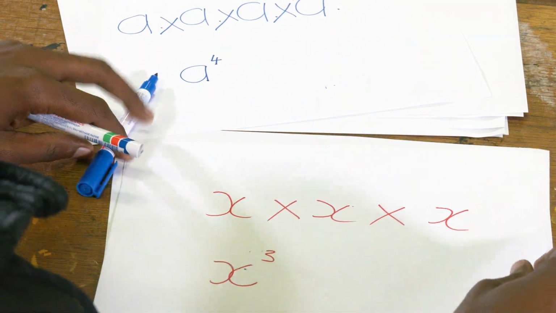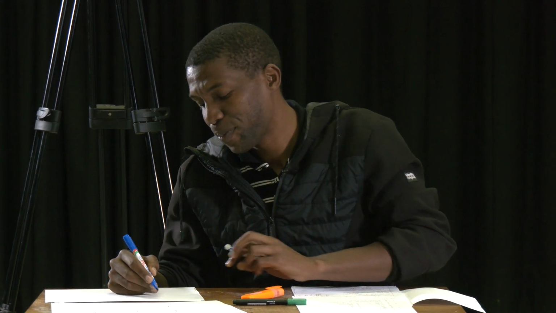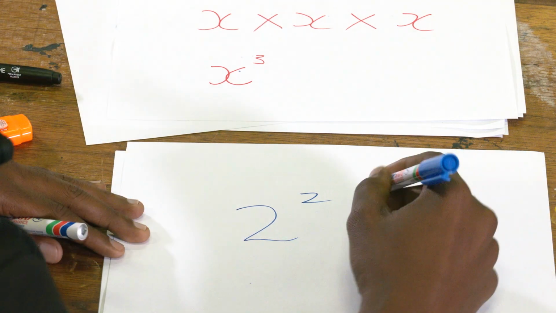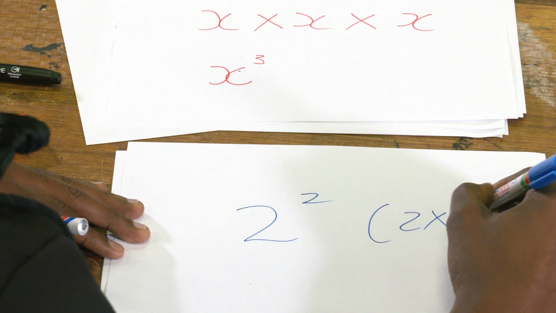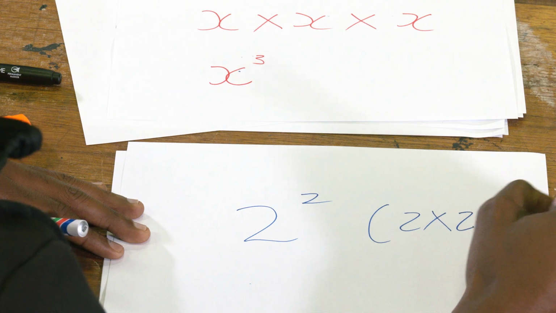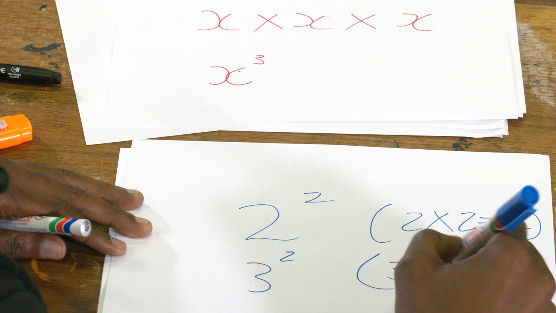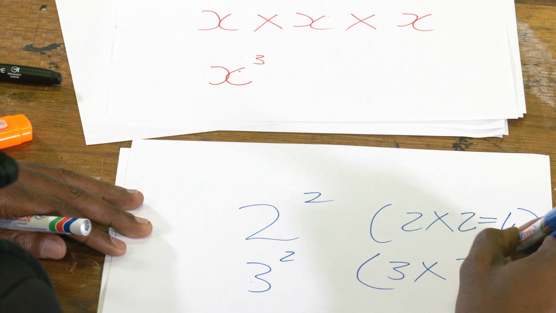I would also like to give you some advice, please. There are common numbers that are always used in different exams, especially in grade 8. Like, for example, 2 squared is a very favorite one. So you must know what 2 multiplied by 2 is, which is 4. And then 3 squared as well, which is 3 multiplied by 3, which is 9.